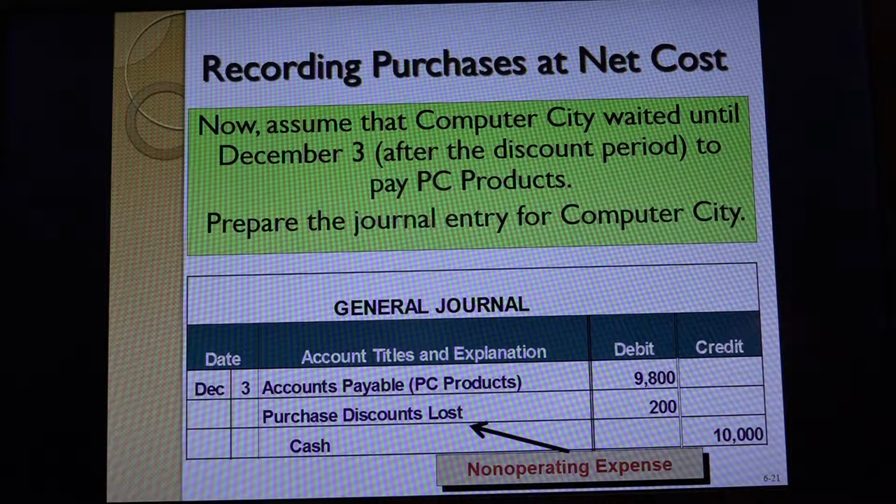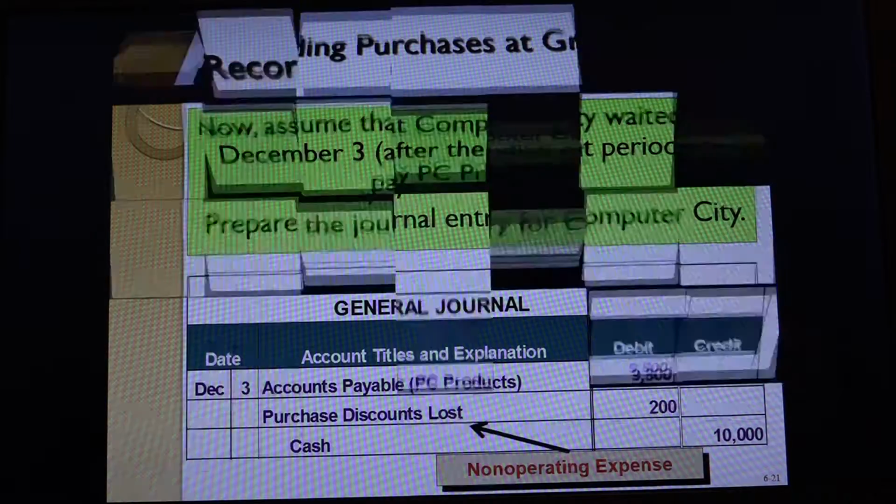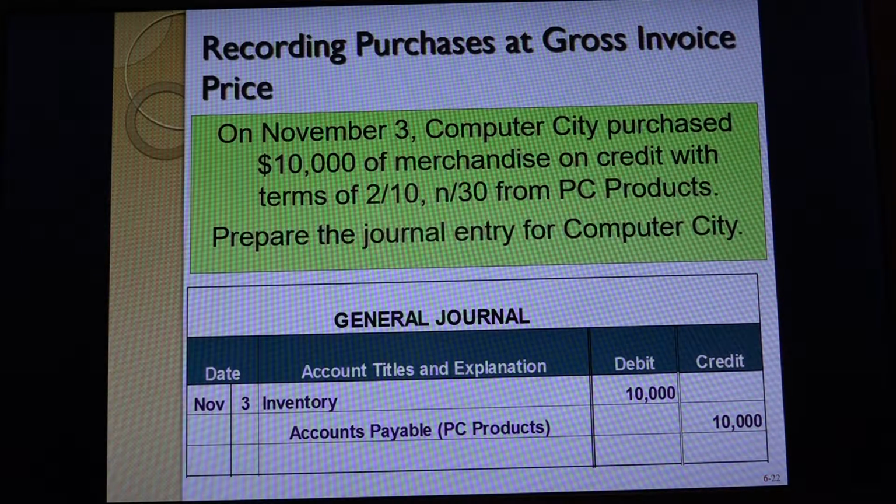debit it for $200. Now they could simply record the purchases at the gross invoice price.